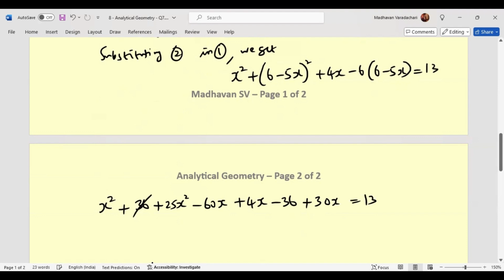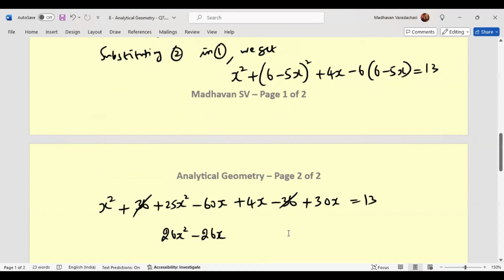So this 36 and 36 we can cancel. x square plus 25x square, we get 26x square. This one minus 60 plus 30, it is minus 30. Plus 4, it becomes minus 26x.